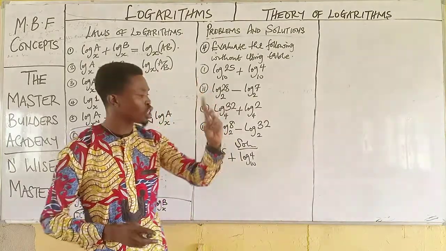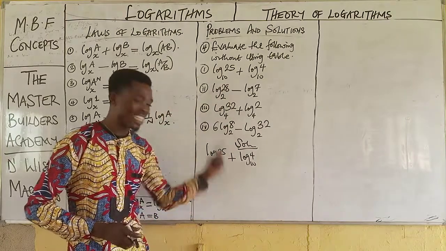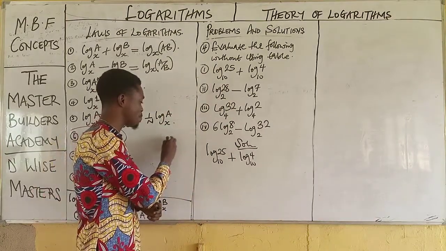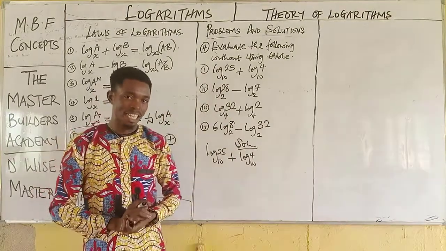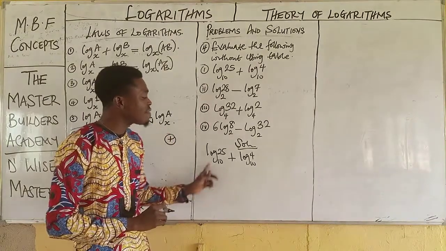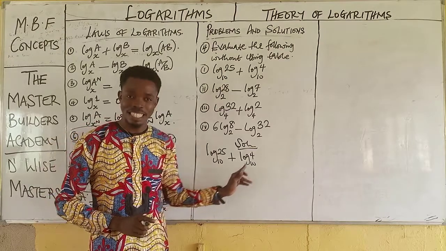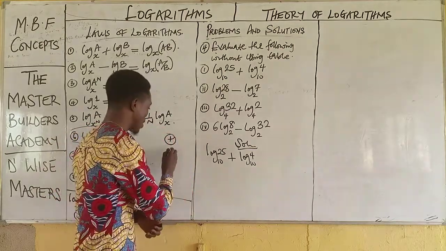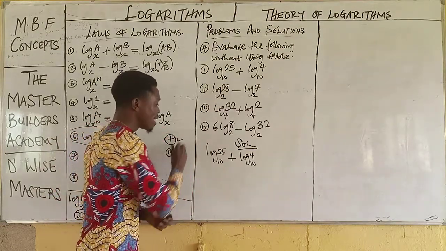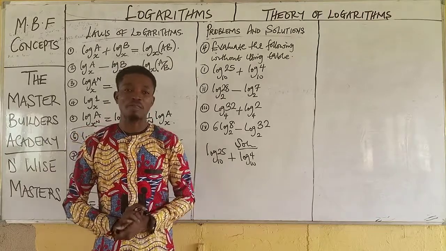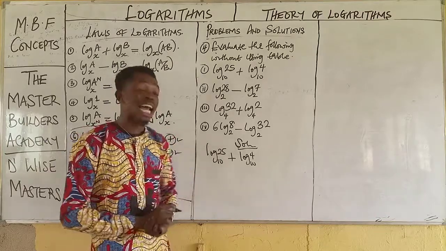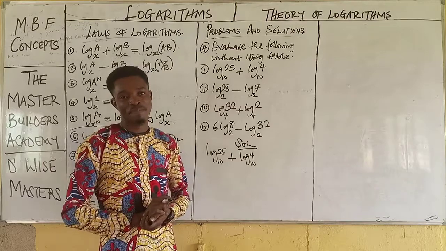Number 1 is to check what sign is connecting them. Number 1, the sign is plus. We have gotten that. Then number 2 is to check if they have equal base. Yes, this is base 10. This is equally base 10. That means we have the second one passed. Then the last thing we must also check for is if the logs of numbers have equal coefficients. Yes, of course.